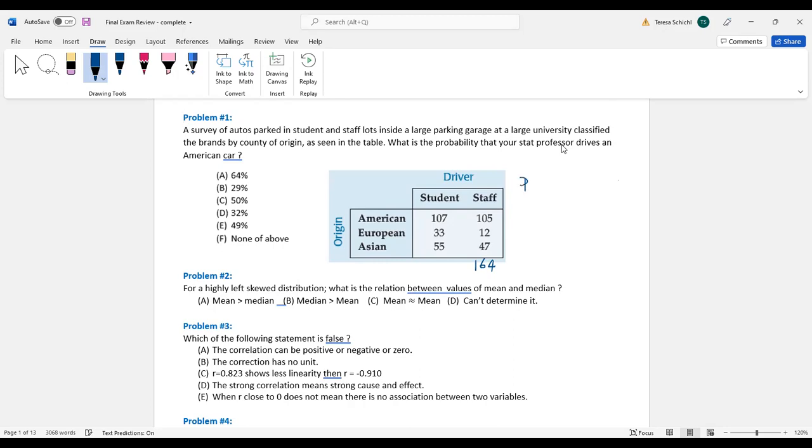So the probability will just be 105 over 164. Given this is a staff, what is the chance this staff drives an American car? This is close to 0.64. So the answer will be A here.